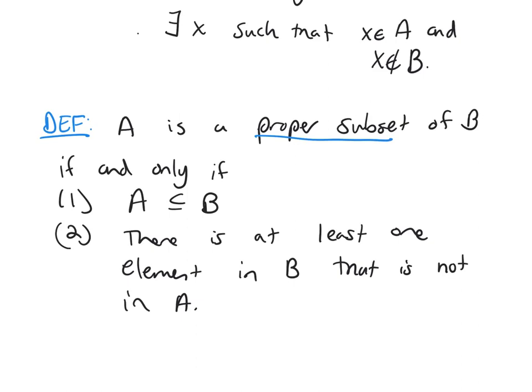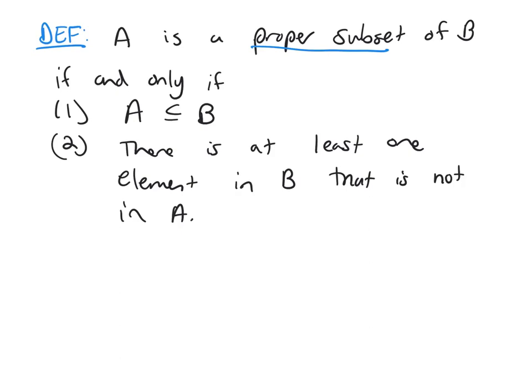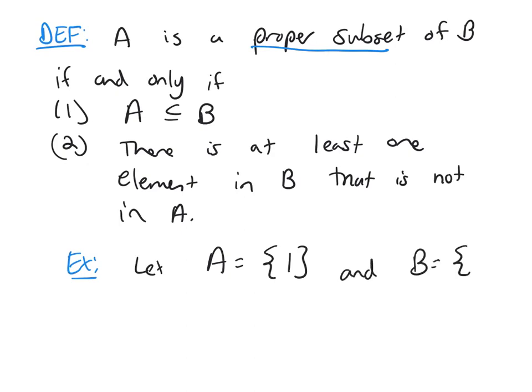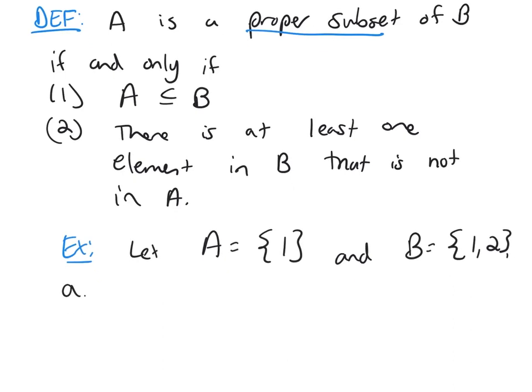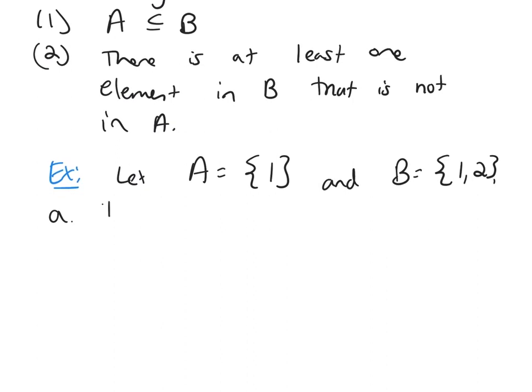Alright, so let's look at our example here. Let A be the set containing the element 1 and B be the set containing 1 and 2. The first thing I want to ask is, is A a subset of B?